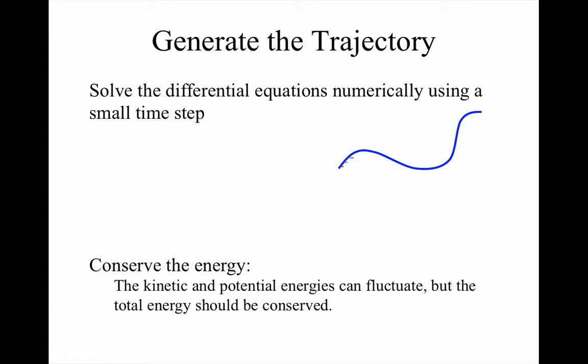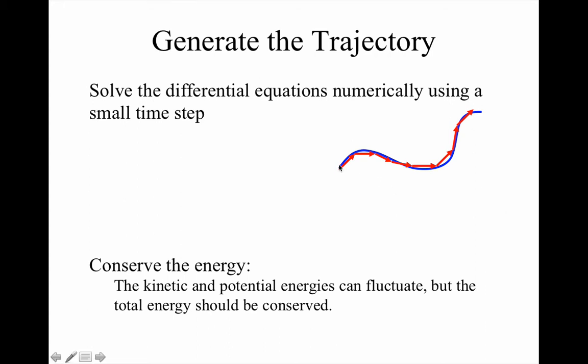Then we update our chemical system according to this very small time step, and next we update the acceleration again through calculation of the force on all the particles, and we again predict the new position of the particles.